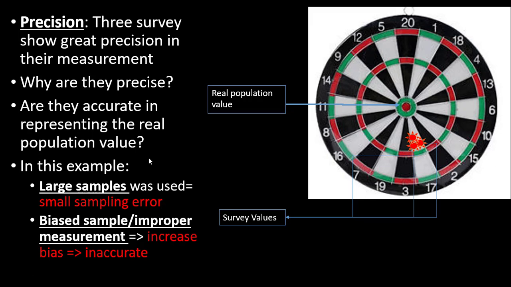So in this situation, we have a large sample which is large enough to reduce our sampling error, so we ended up with a precise measurement. But because our sampling is biased, we ended up with a very inaccurate estimate.